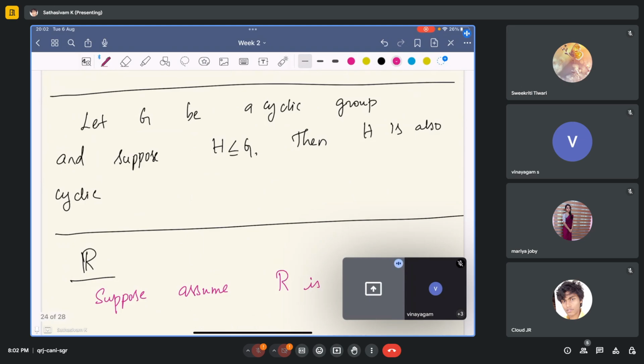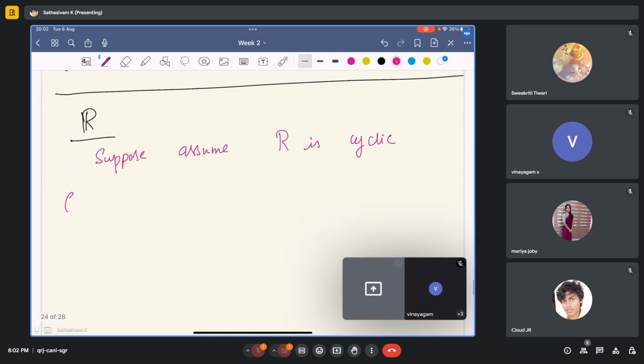Any subgroup of R is cyclic, right? Q is a subgroup of R. Thus Q has to be cyclic. A contradiction. That's all, because we just proved that Q is not cyclic. So since Q is not cyclic and R is some group that contains Q, R cannot be cyclic.